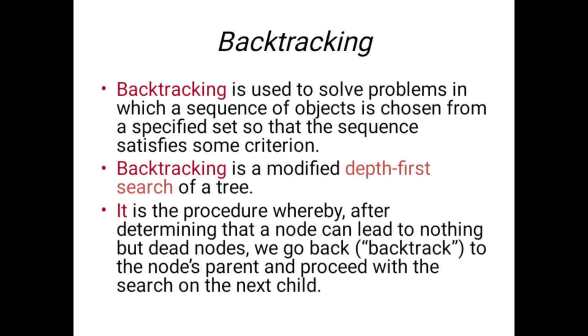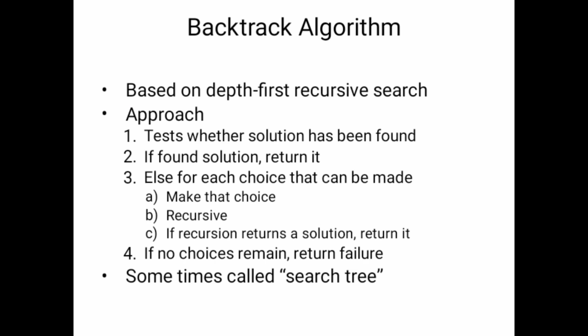Backtracking is used to solve problems in which a sequence of objects is chosen from a specified set so that the sequence satisfies some criteria. And backtracking is a modified depth first search of a tree. It is a procedure whereby, after determining that a node can lead to nothing but dead nodes, we go back to the node's parent and proceed with the search on the next child.